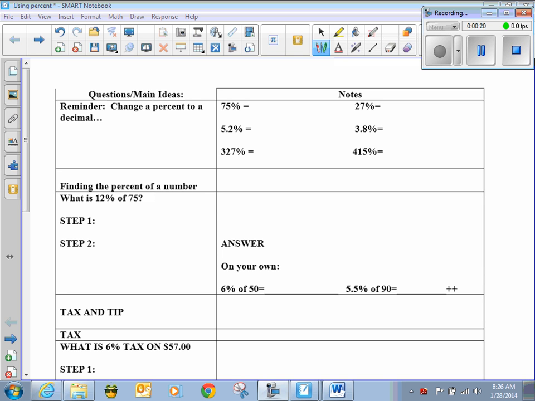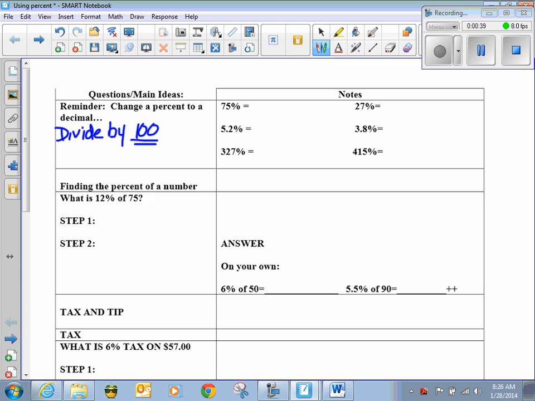To change a percent to a decimal, you need to divide by 100. Remember, percent means part of 100. So whenever we need to do this, we just divide by 100.